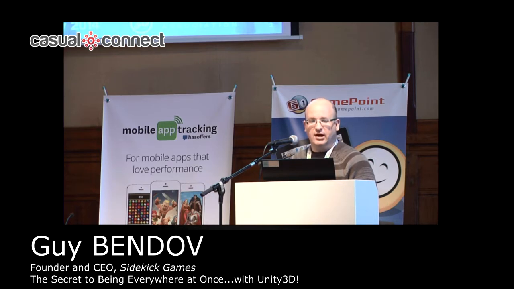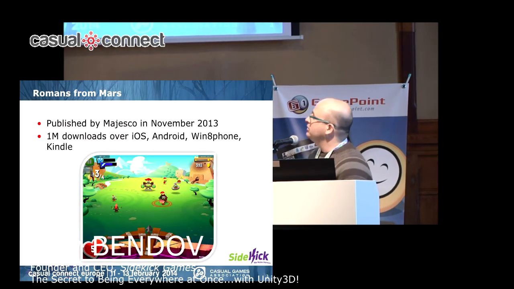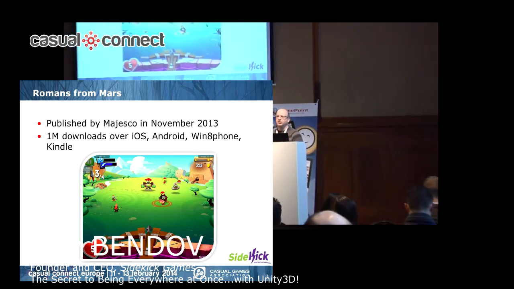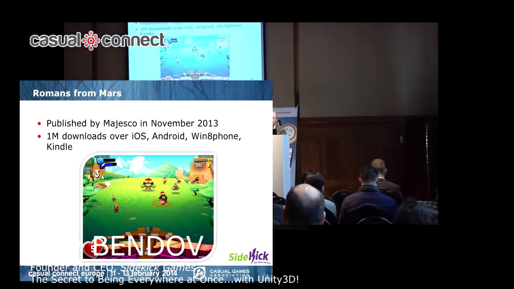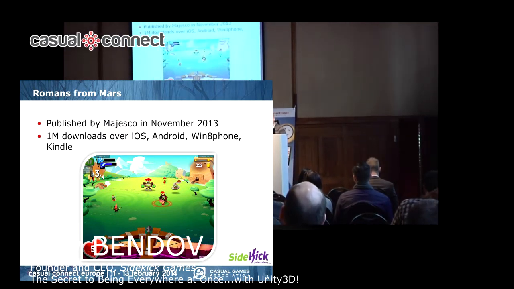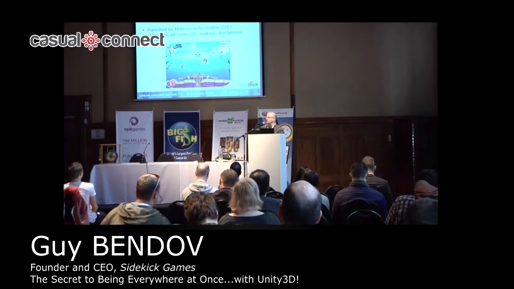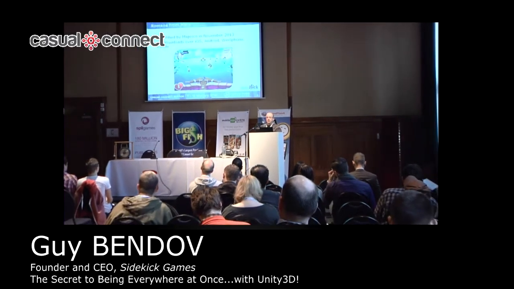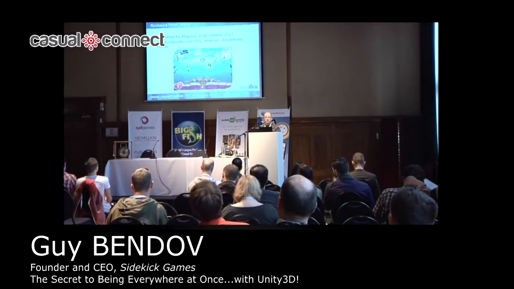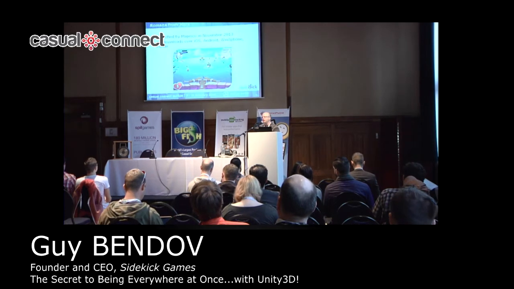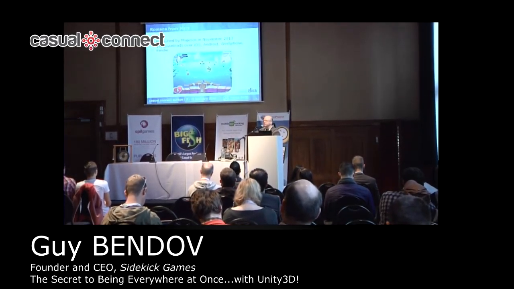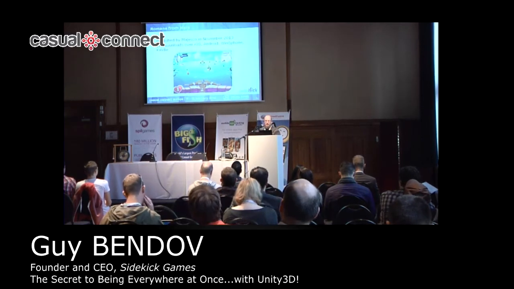So our first game that we did, or actually second, but definitely the biggest game that we have already launched to market, was Romans for Mars. We worked with a publisher called Majesco, and they opened a new mobile division called Majesco Mobile. Romans for Mars is a free-to-play tapping game. It was launched back in November. It got featured by Apple, by Google, by Microsoft, and it will be getting some feature and love from the Amazon Kindle Fire people.